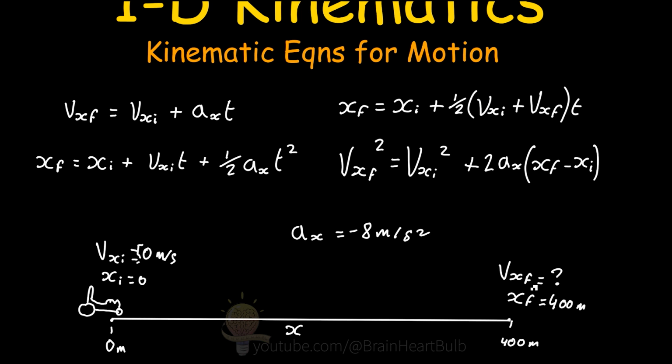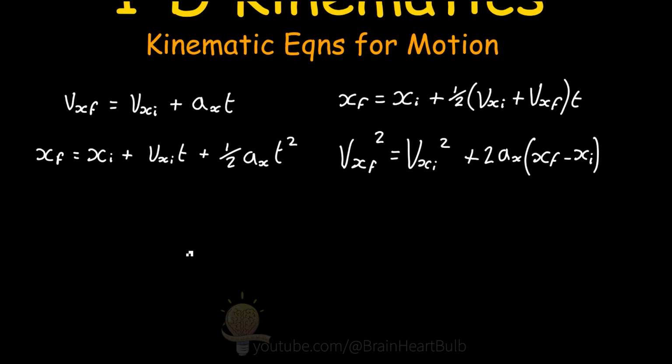Its final velocity, when it finally comes to rest, would be 0 meters per second, but we would not know the final position. We would not know how far the race car is going to travel to stop from 50 meters per second at a deceleration of minus 8 meters per second squared. So we don't know that answer there. But we can use all these equations above, or a combination of these equations, to find this answer.